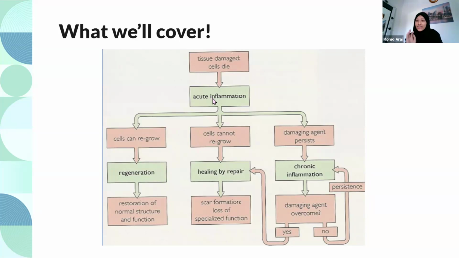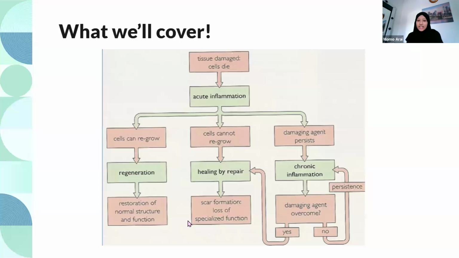So again, like I said, if there's any inflammation or injury, your cells can either regrow back to the normal state 100%. That's called regeneration. So your body will recover basically, as if there was no injury. It will function normally as before. That's the first outcome.